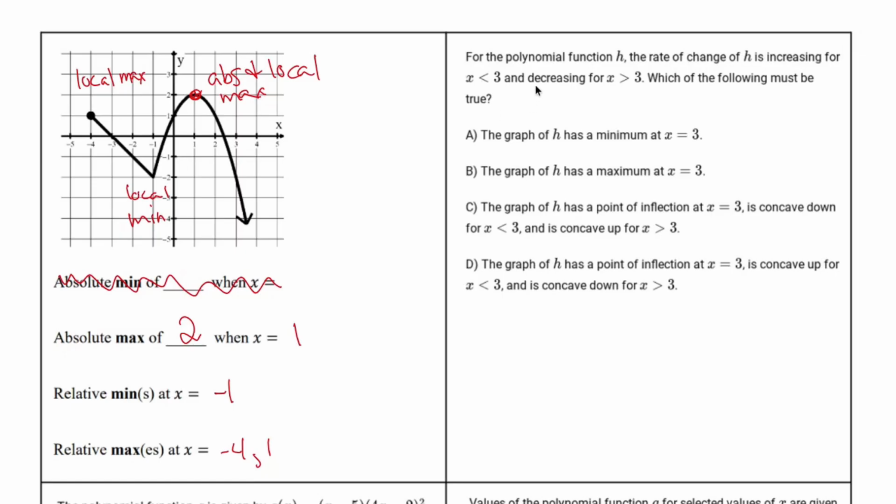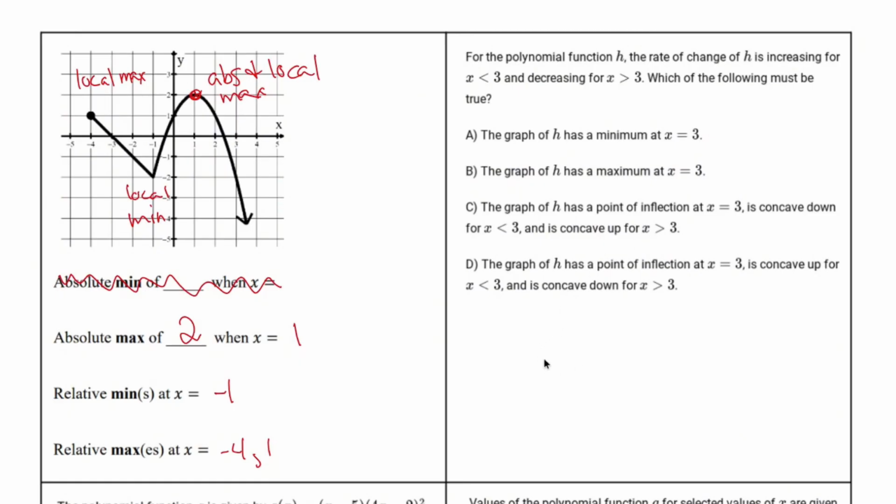Okay. For the polynomial function h, the rate of change of h is increasing for x less than 3 and decreasing for x greater than 3. Now let's be careful of what rate of change is increasing means. Rate of change is increasing is not an increasing function.